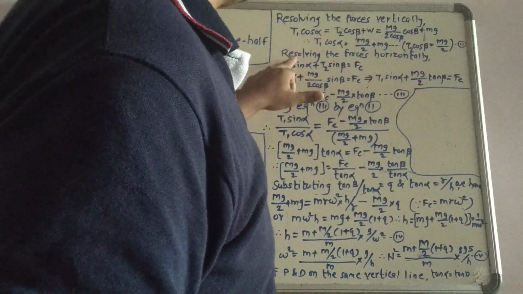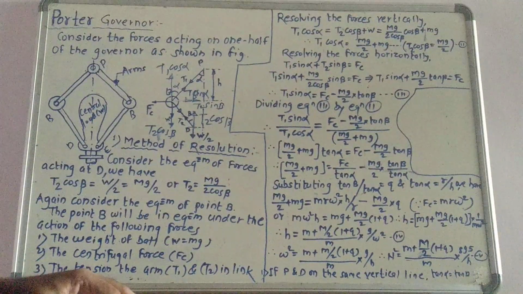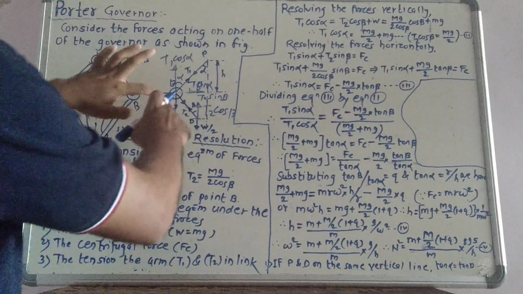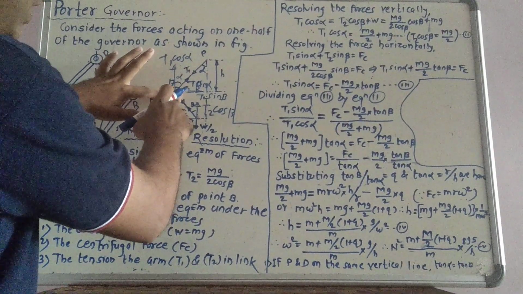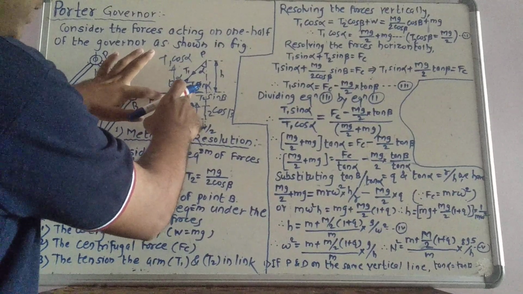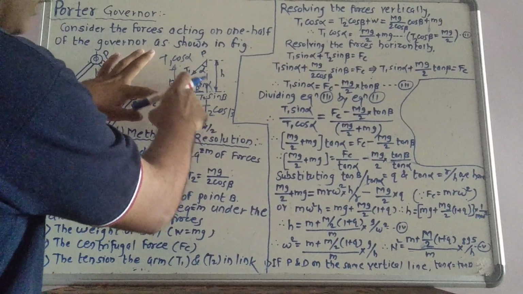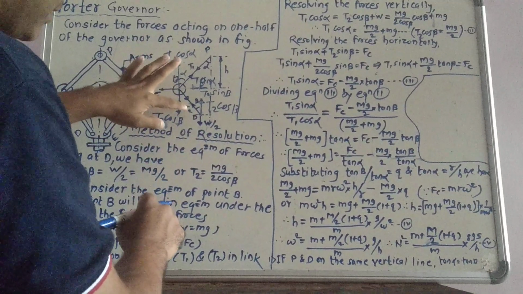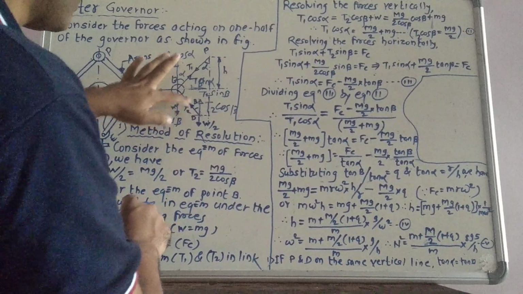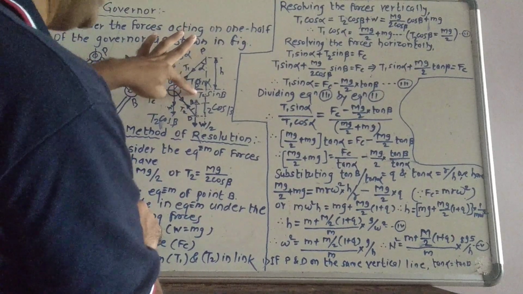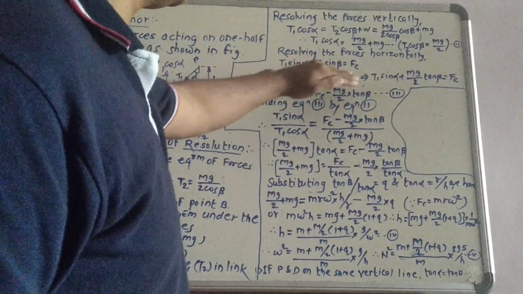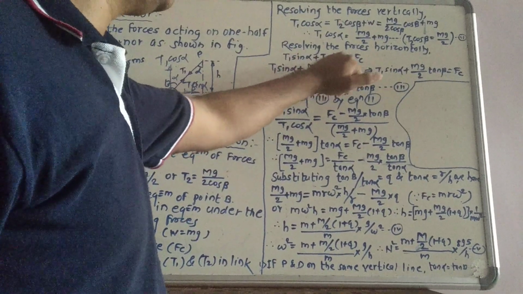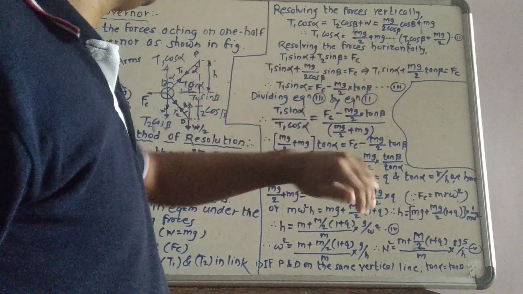Now resolving the forces in horizontal direction by considering this B as the center point, focus only on the horizontal forces. The two components we have here: the first one T1 sin alpha, and the component of T2 in horizontal direction is T2 sin beta. So you can get the equation like this: T1 sin alpha plus T2 sin beta equals Fc.